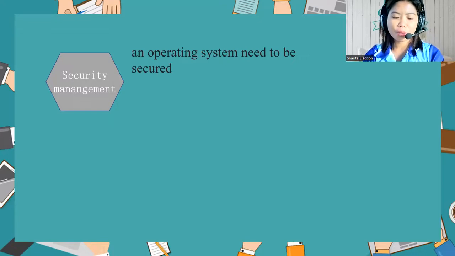For that purpose, various mechanisms can be used to ensure that those processes which want to operate on files, memory, CPU, and other hardware resources have proper authorization from the operating system. That's why they need the security management.